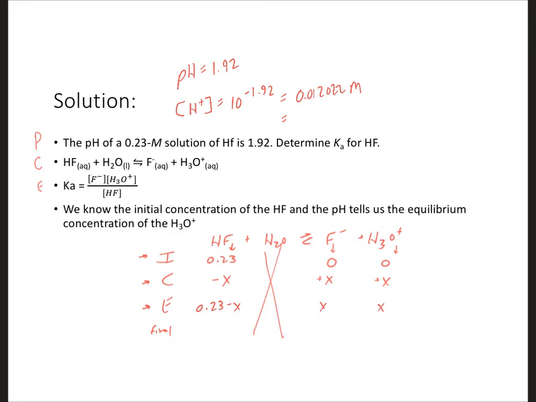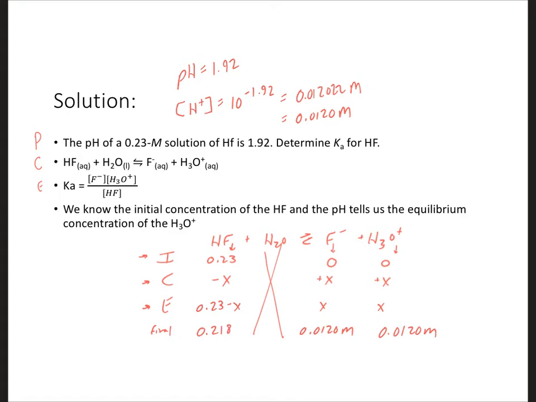I want to keep in mind my sig figs. I had 3 sig figs over there, 0.0120 molar. So that's my proton concentration at equilibrium. I can go ahead and put that down here on my line, 0.0120 molar. If that's what X equals, then that means that I also had 0.0120 molar here, and then my final concentration at equilibrium for HF is going to be 0.23 minus 0.0120.